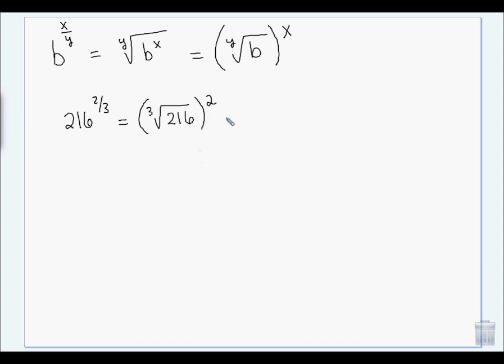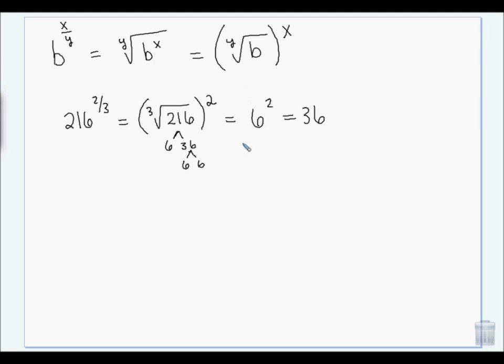Well, the cube root of 216, if we factor it all out, ends up being 6, like we factored it on the last page. So it becomes 6 squared, 36. So sometimes this is actually easier if you have a perfect square, perfect cube, something like that.